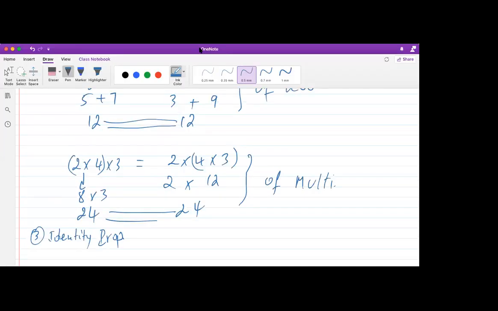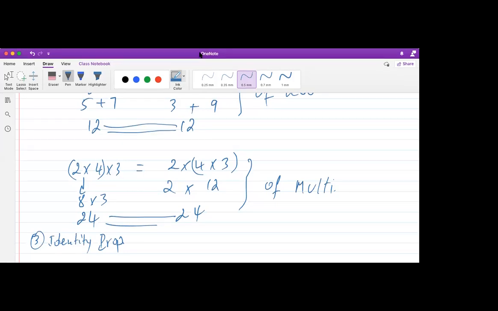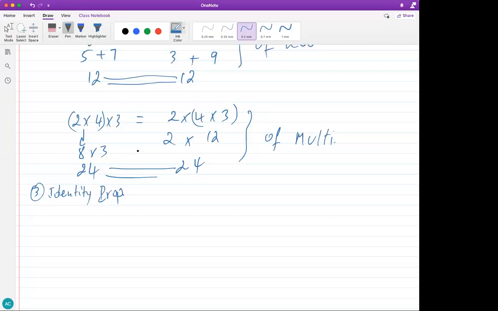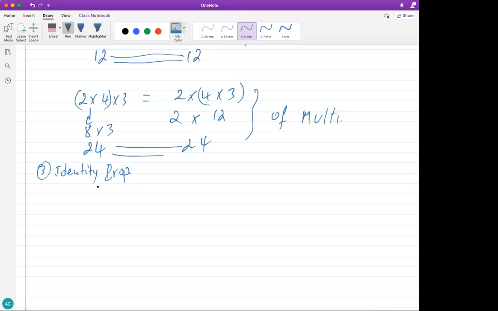And this one involves, let's say you want to add, when you add 0 to any number, let's say you want to add 0 to 3, the 0 doesn't change much from the expression, so it's still the same. 0 plus 3 is the same as 3 plus 0, which is 3.